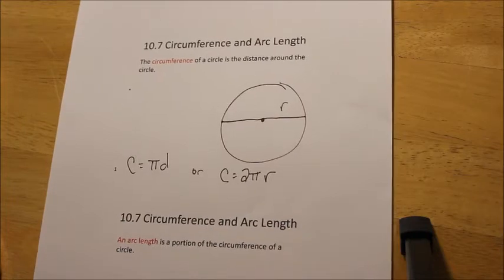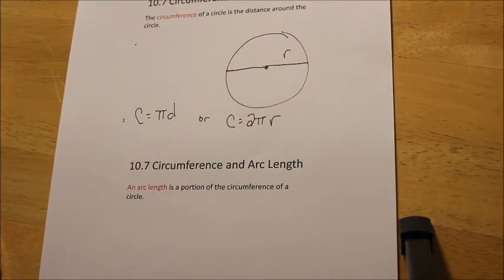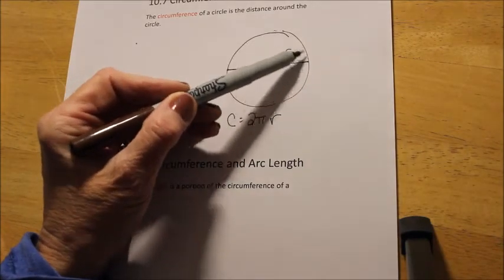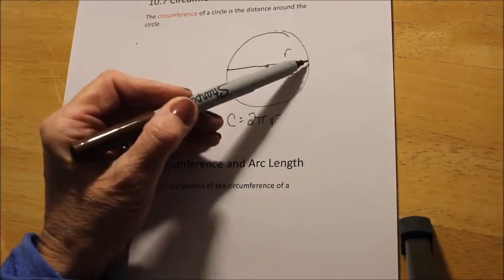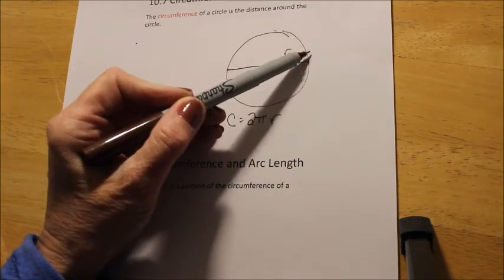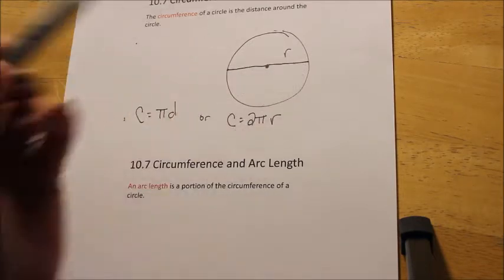But before we do that, I wanted to talk about something called arc length. Now, back in the previous units, I want to say 10.2, 10.3, we talked about how you find the measure of an arc, and of course we were talking about degrees. We know there's 360 degrees in a circle, and so we were looking for how much of the circle is just this little part here if we were looking at an arc?